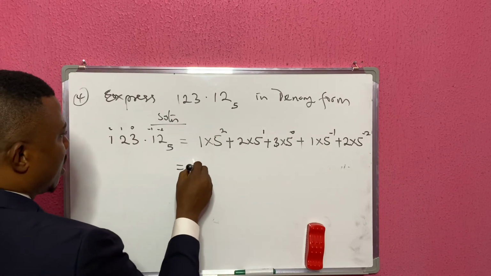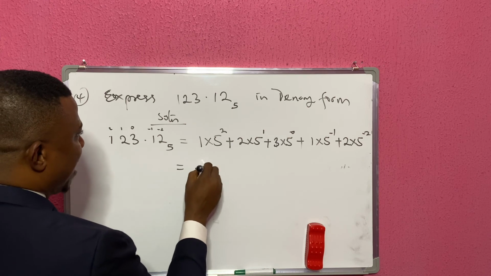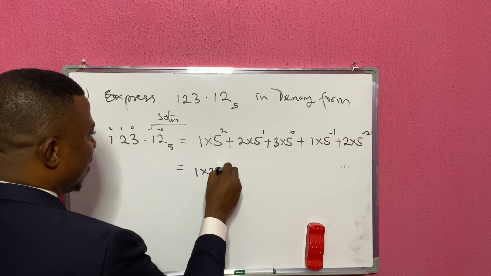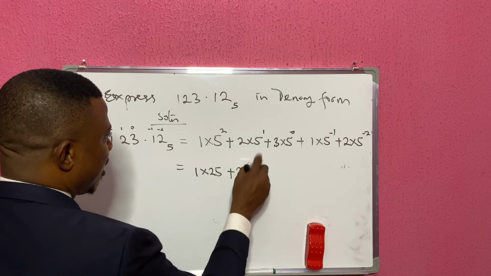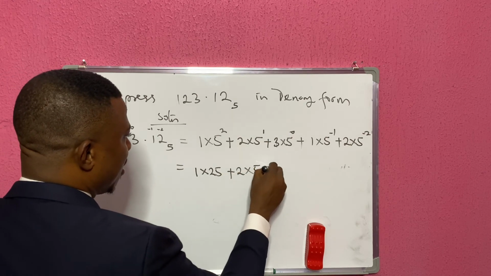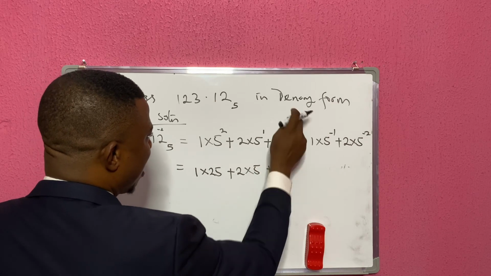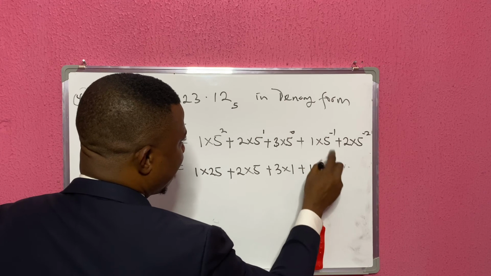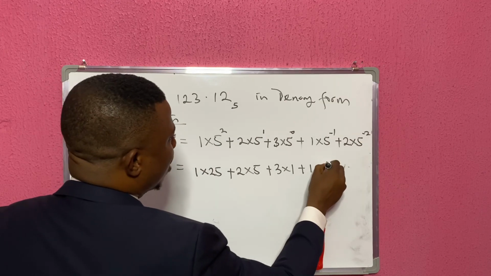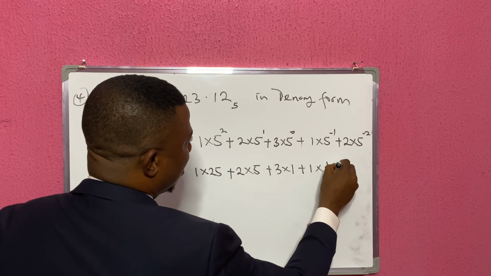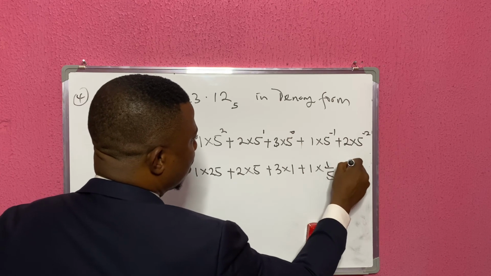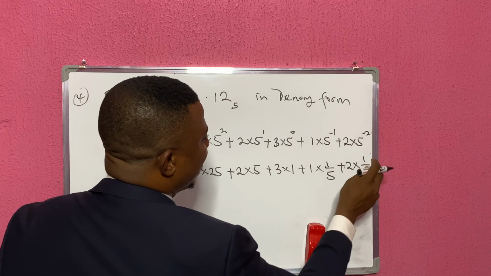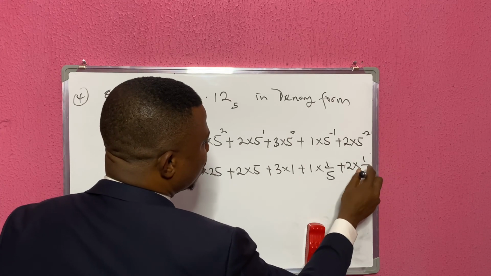This will give us 1 times 5 power 2 is 25, plus 5 power 1 is 5, plus 5 power 0 is 1, plus 5 power minus 1 means 1 over 5, plus 5 power minus 2 is 1 all over 5 power 2, and 5 power 2 is 25.